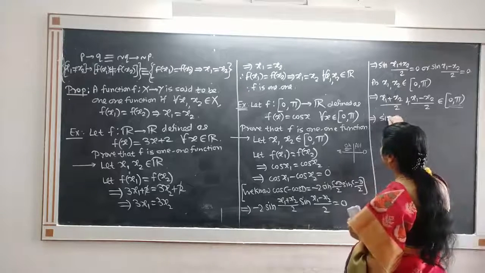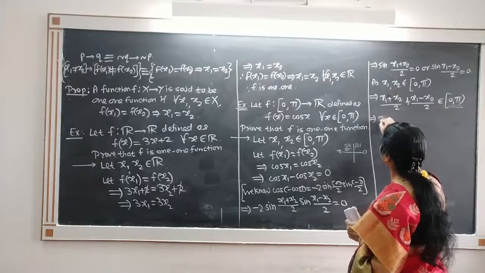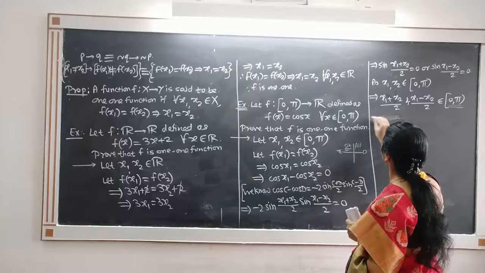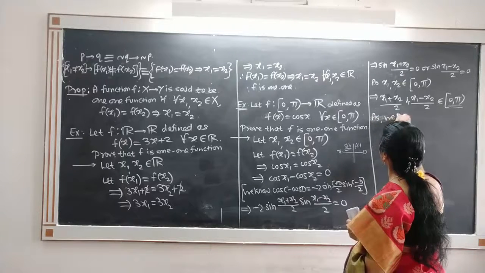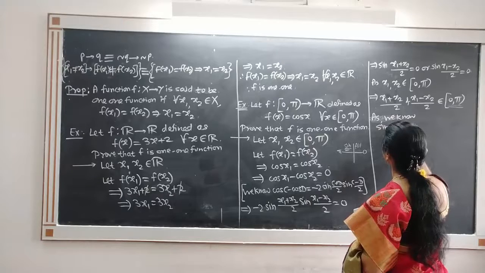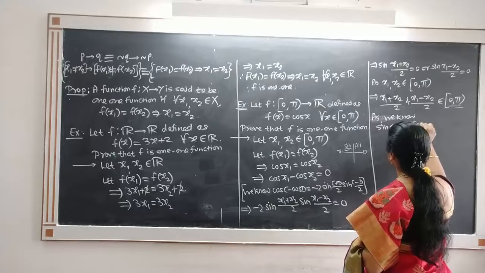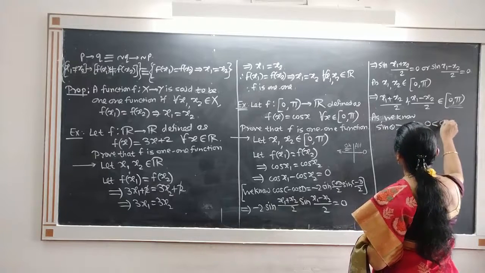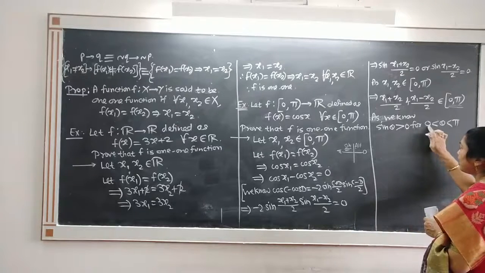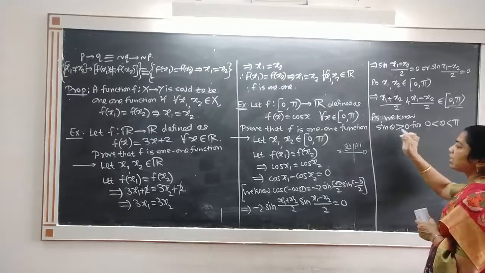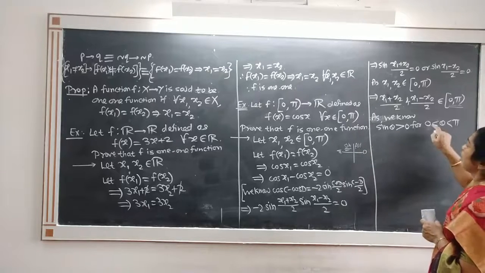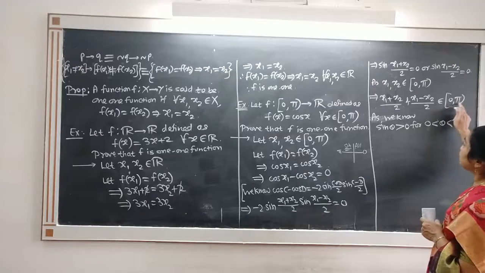So, as we know, sin theta is always greater than 0 for 0 less than theta less than pi. That is, if theta lies in this interval, sin theta is always positive, that we know. So, for the other terms, what will happen?